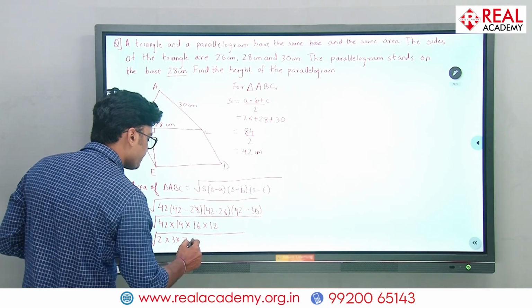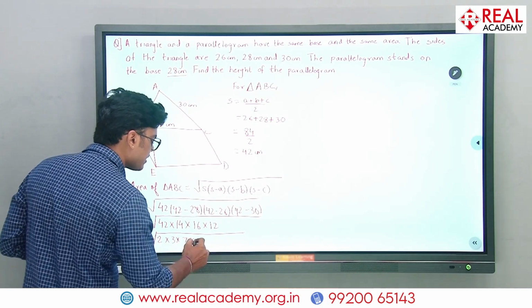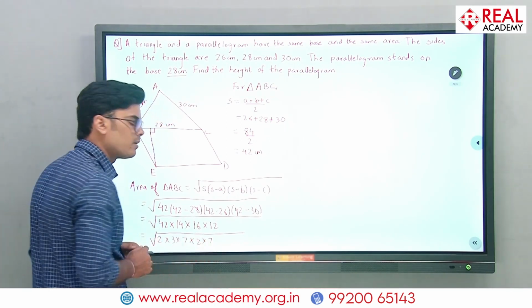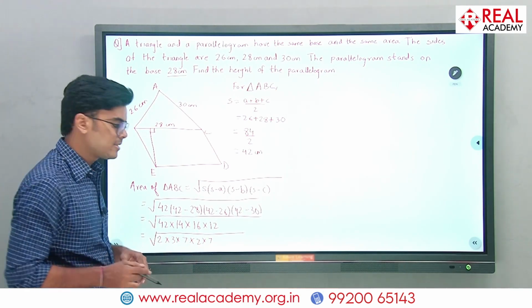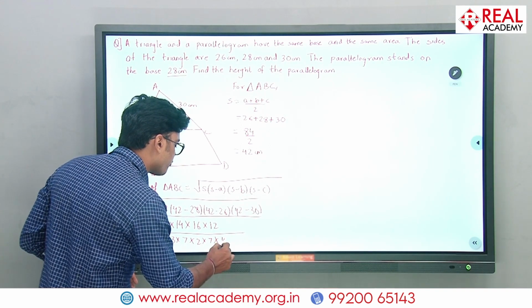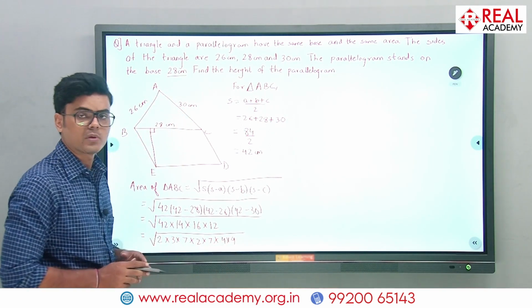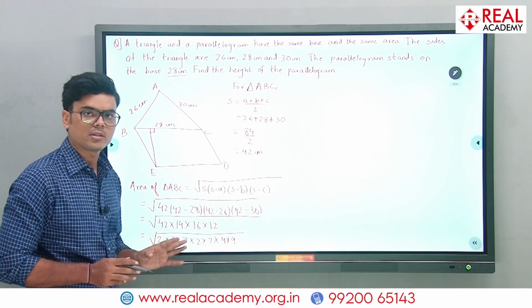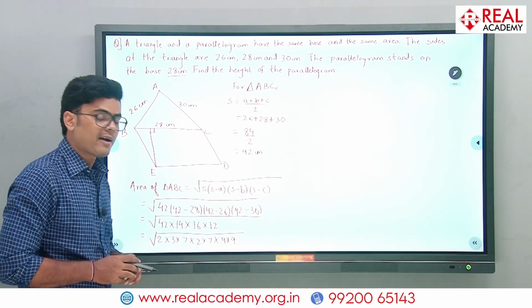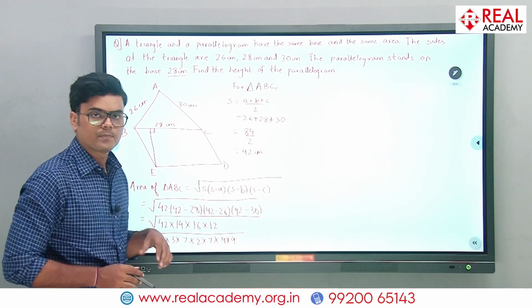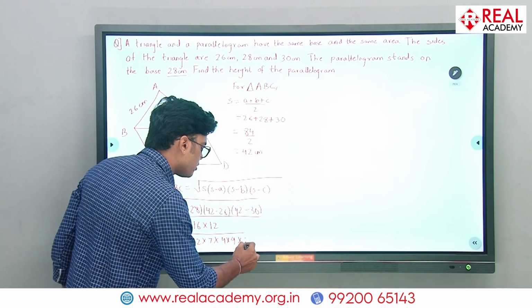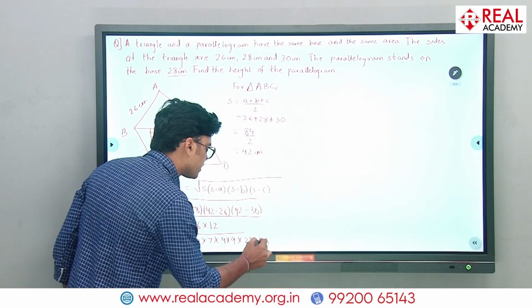Then we have 14, which we will factorize as 2 into 7. Then we have 16. We will leave 16 as it is, or you can write it as 4 into 4 because it is already a perfect square. Last, we have 12, which can be factorized as 2 into 2 into 3.